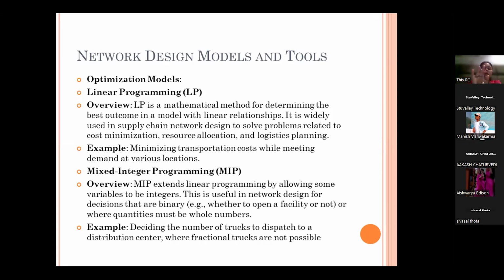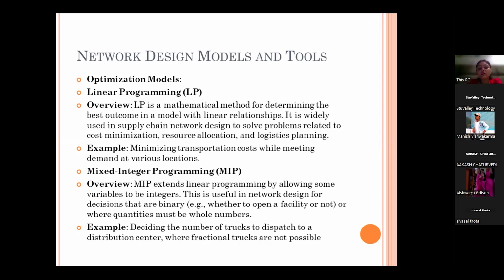So it is a kind of that method. We use this mathematical method to determine the best outcome in the model with the linear relationship. We have different relationships among the variables, and it will give the best outcome. So there we are using linear programming.